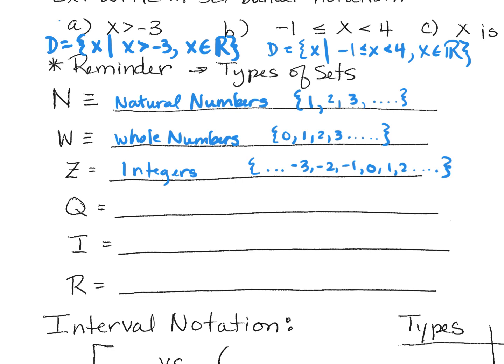Q. Q are the rational numbers. These are all the numbers that you can write as a fraction. Okay? So we define those as P over Q, where P and Q are integers.